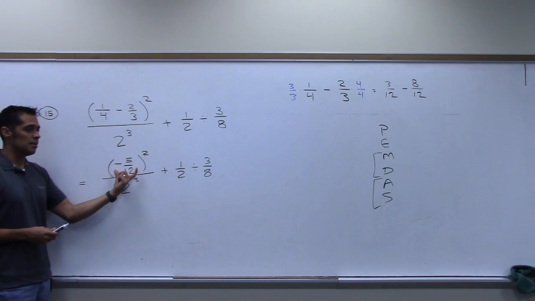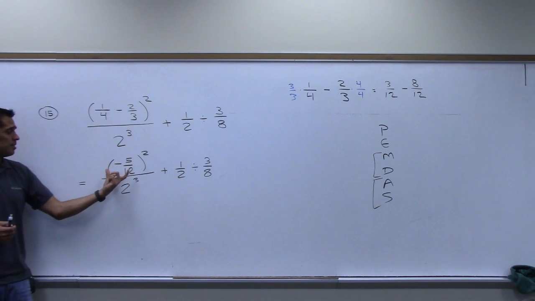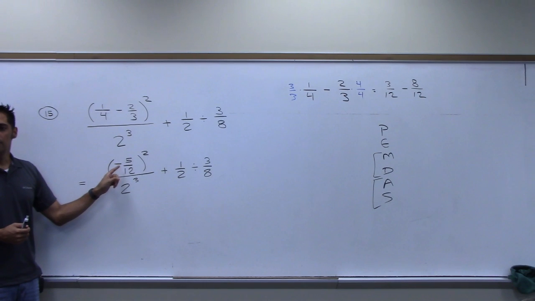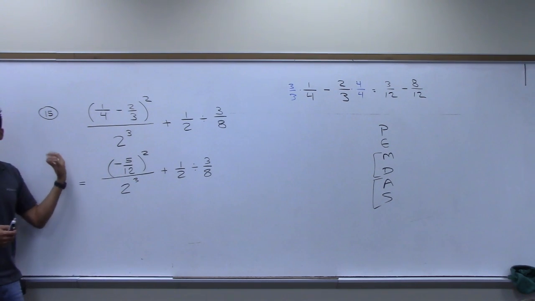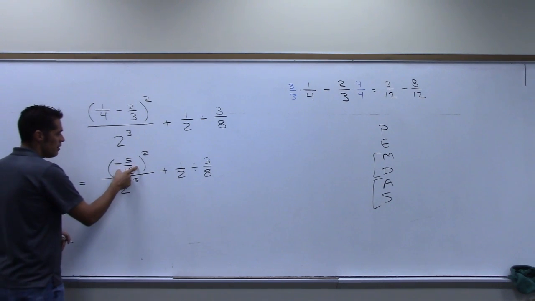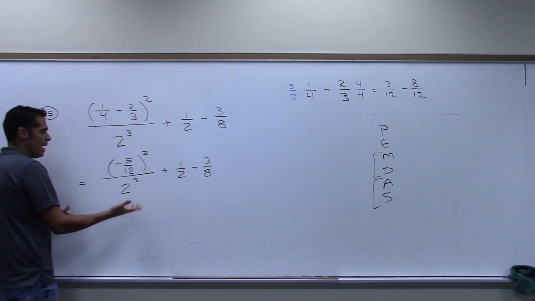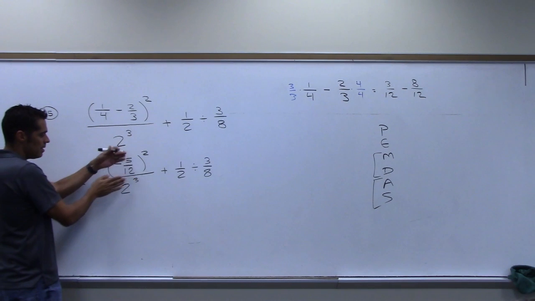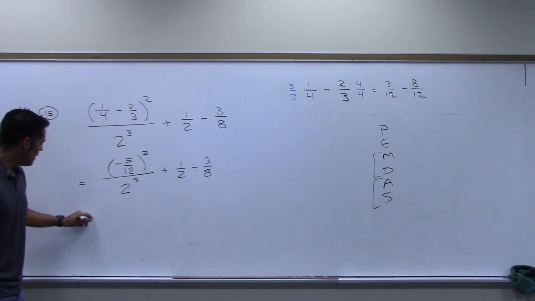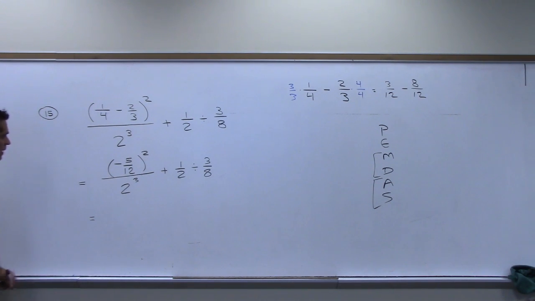We do have parentheses still, and it's important that I put the parentheses, right? Because you're going to square a negative number. Remember I showed you that if the parentheses aren't there, then it turns out to be negative. So I want to square this. I can also cube the 2 while I'm at it. All right, because these are separated by the division, we can just do them separately. So let me do that. What is negative 5/12 times negative 5/12?